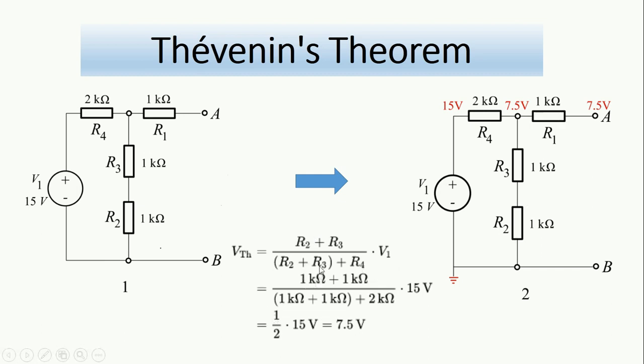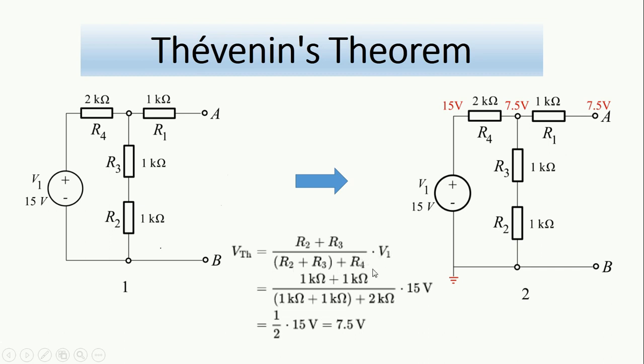As we said, for R2 and R3 we apply the voltage divider rule. So R2 plus R3 divided by the sum of the resistors in the whole loop, multiplied by the supply voltage.